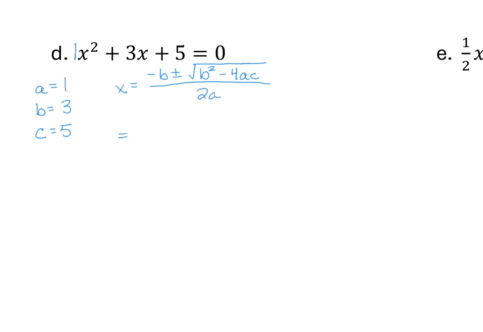And when we plug in, we get negative 3 plus or minus. If I square b, I get 9. And if I do 4 times a, we get 1, times 5, we get 20. And we're going to put all of this over 2 times 1, which is just 2.